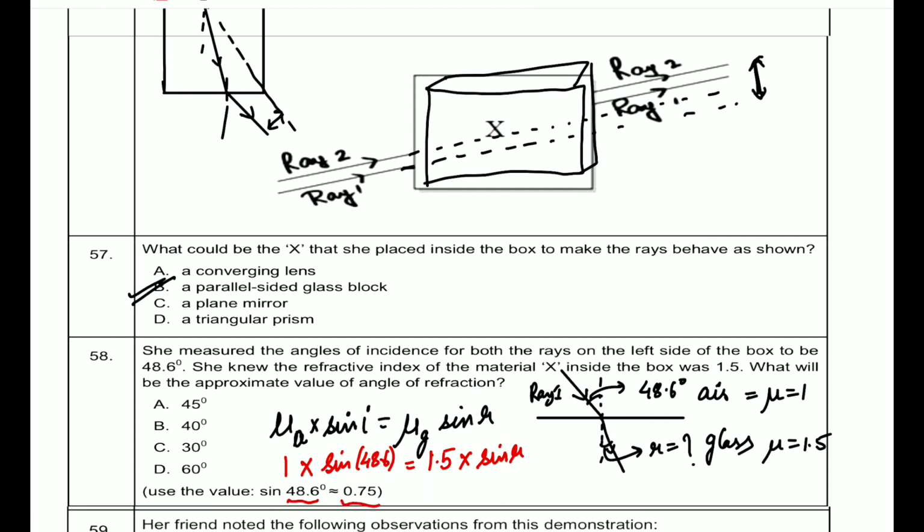Sine of 48.6 is 0.75, it is given to me, so I'll just solve it here. 0.75 divided by 1.5 is equal to sine of R. Can you guys see that?